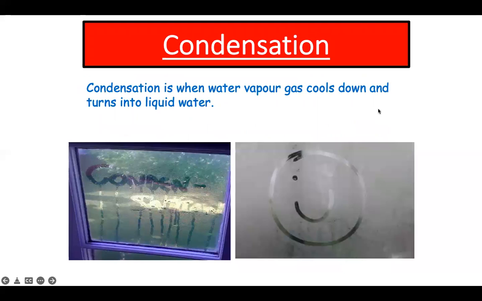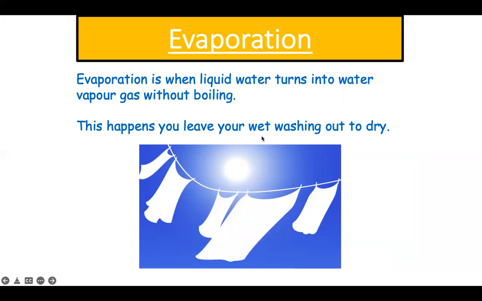There are 2 reasons in this image for evaporation. Look and tell me. What are the 2 reasons for evaporation here? Reason number 1. Yes, come on. Tell me. Why does the water in the clothes dry? Think about why these clothes become dry. Why does this washing become dry?